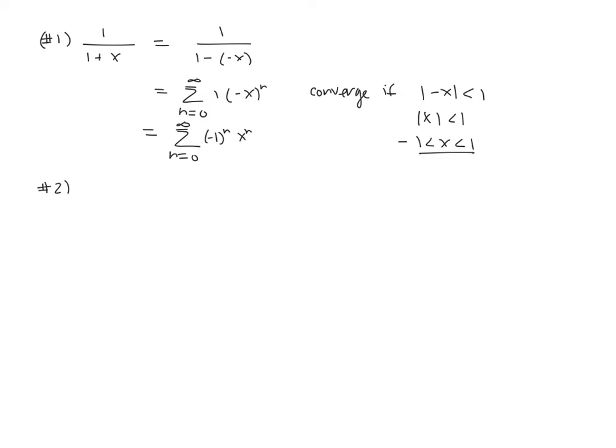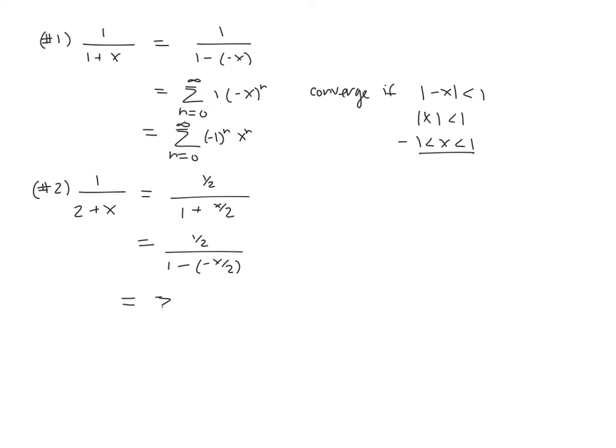Number 2 is a little bit more complicated, but not a lot. First we have to divide by 2, so we'll have 1/2 over 1 plus x over 2, or 1/2 over 1 minus negative x over 2.